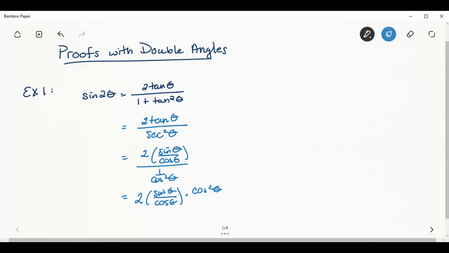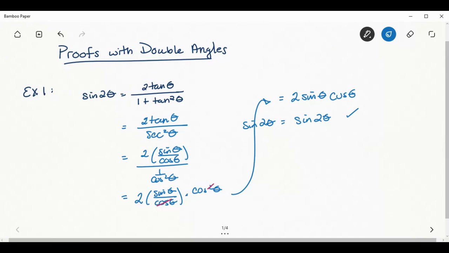Algebraically, we can eliminate cosine squared down to a cosine and this cosine, which now ultimately gives us what we are looking for to be 2 sine theta cosine theta. This is equal to sine 2 theta. This is our identity. So we have sine 2 theta, and that is what we want on the left-hand side as well. So sine 2 theta is equal to sine 2 theta. And we've done a proof with a double angle formula.